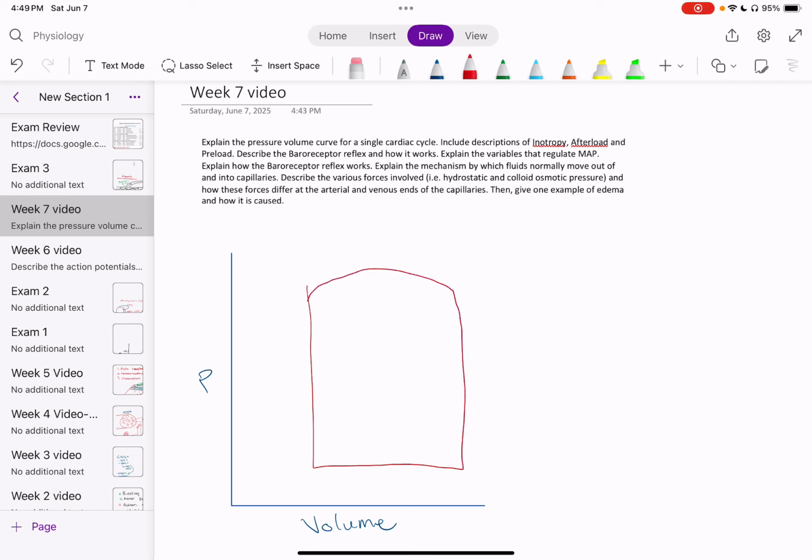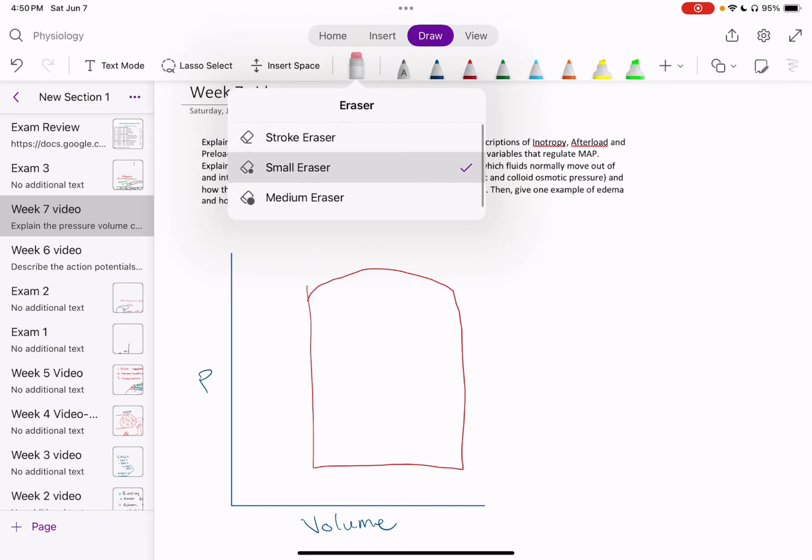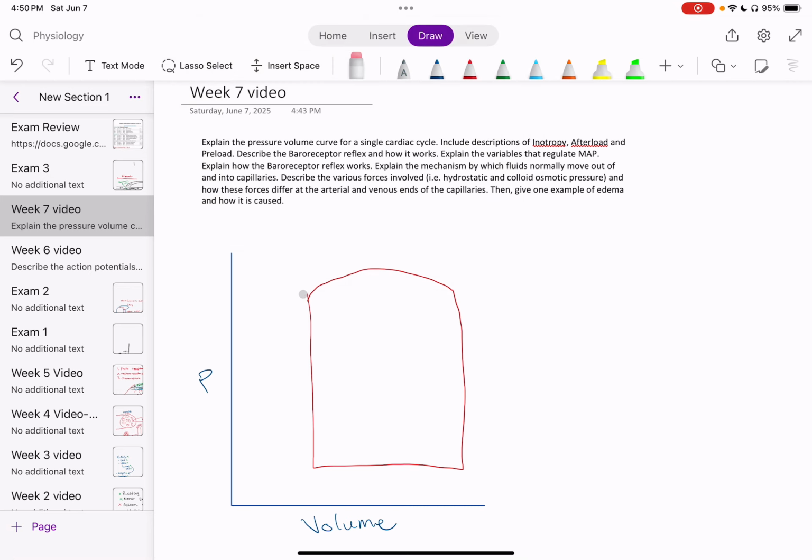That's what our graph looks like. And there's a line coming up here. So go through and label this.